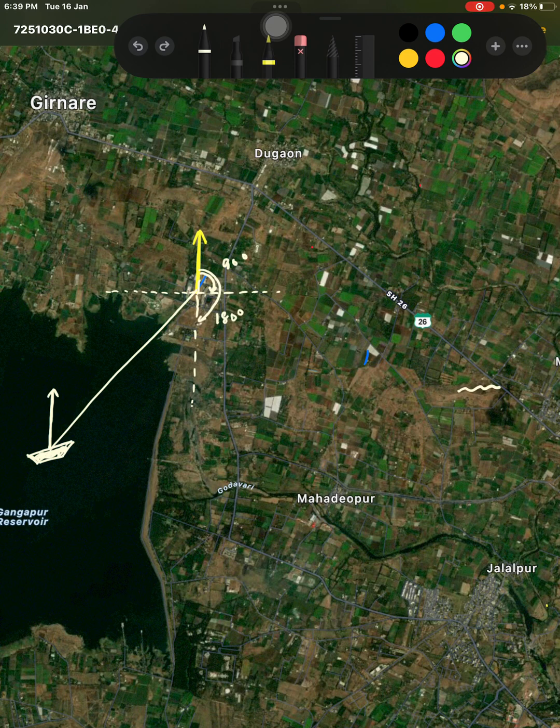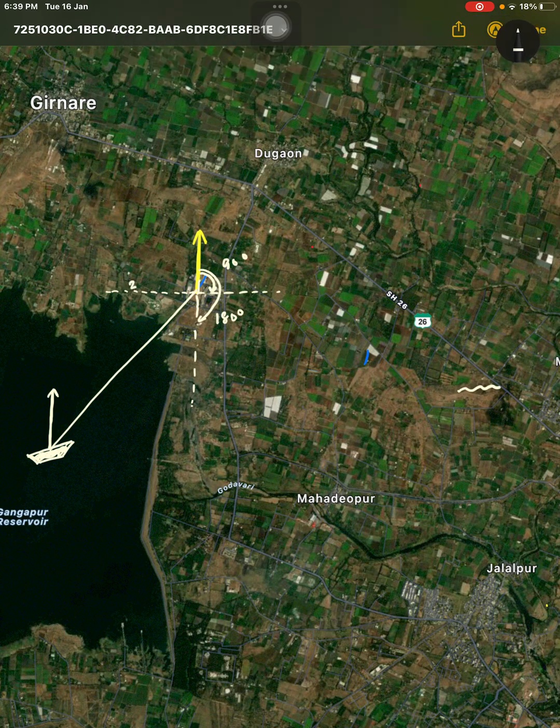This would be between 180 degrees and 270 degrees. So this is 270 degrees till here. Approximately, if it is somewhere over here, we can see this to be around 210 degrees or 200 degrees. But still, what's important to note is that this would be measured only in the clockwise sense.